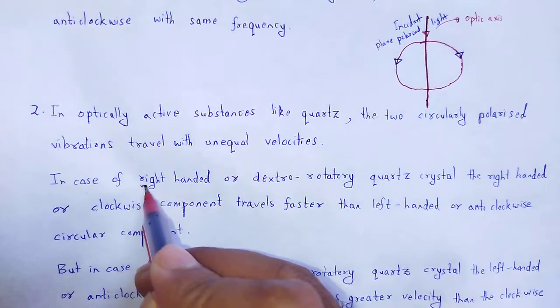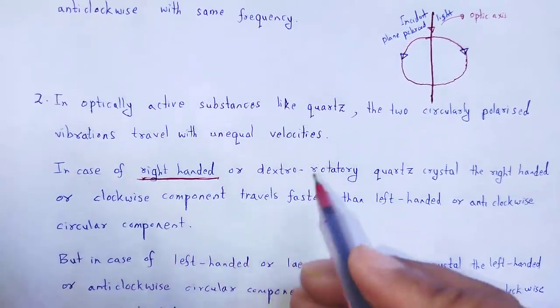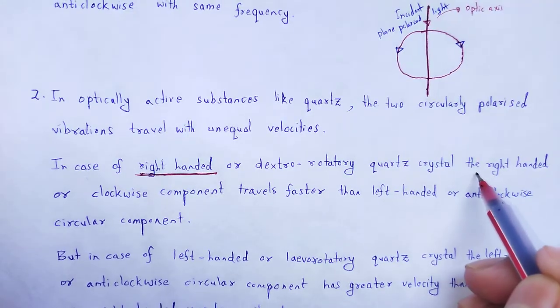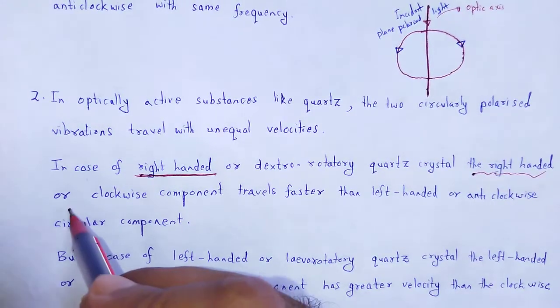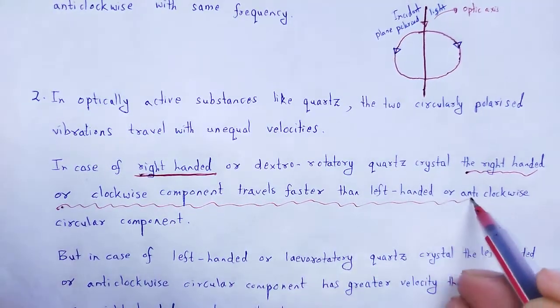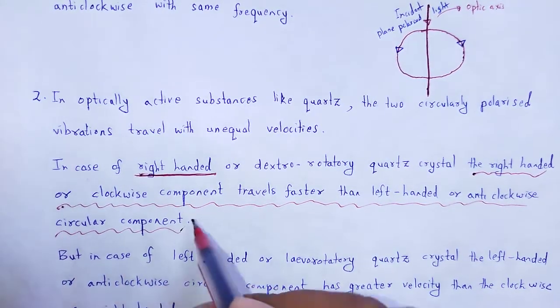In the right-handed or dextro-rotatory crystal, the right-handed component travels faster than the left-handed component.